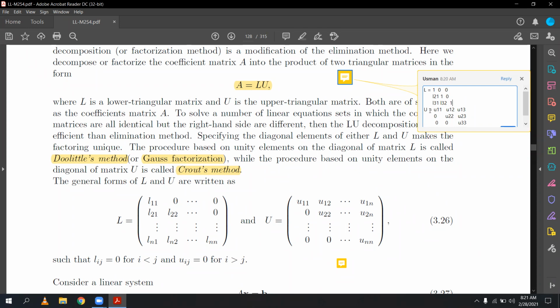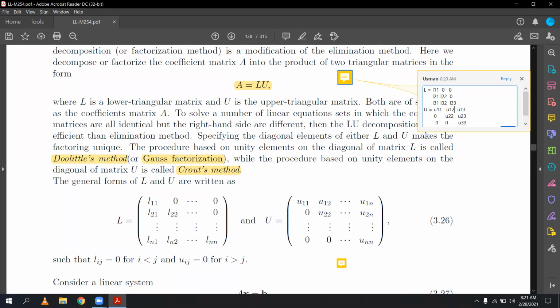Now, what is the Crout's method? Crout's method is the opposite. In Crout's method, your U will be the unit upper, which means this will be 1. L has L11, L22, and L33 on the diagonal.